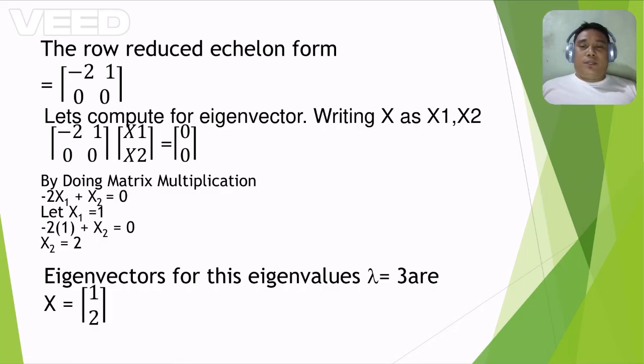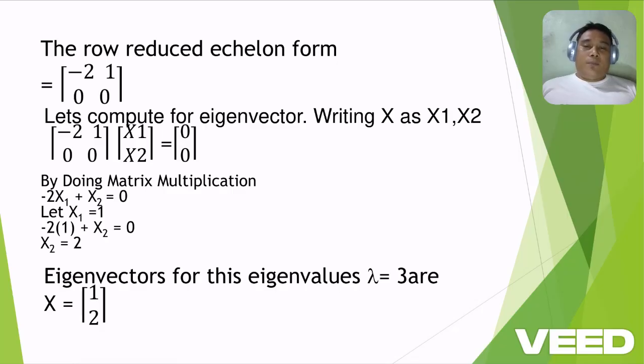By substitution, we get negative 2 times 1 plus x2 equals 0. So we get x2 equals 2. So our eigenvector for this eigenvalue lambda 3 is [1, 2] transpose.